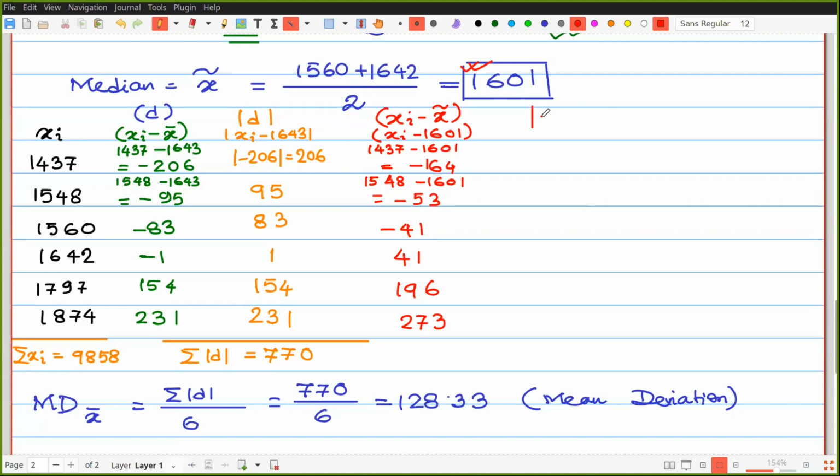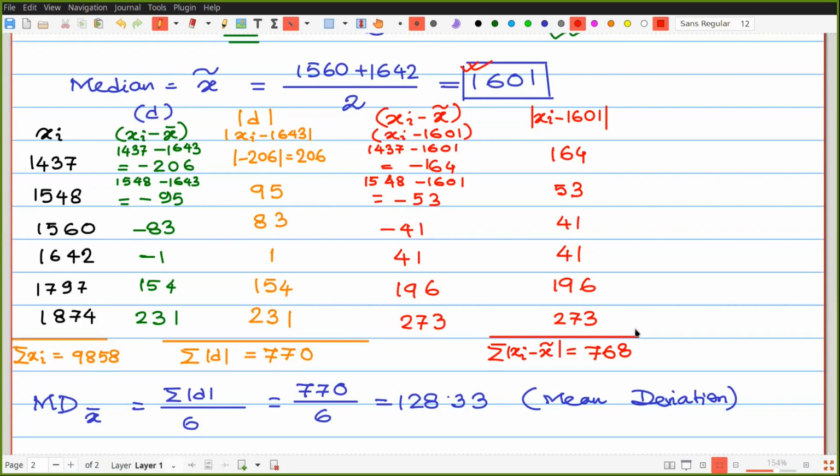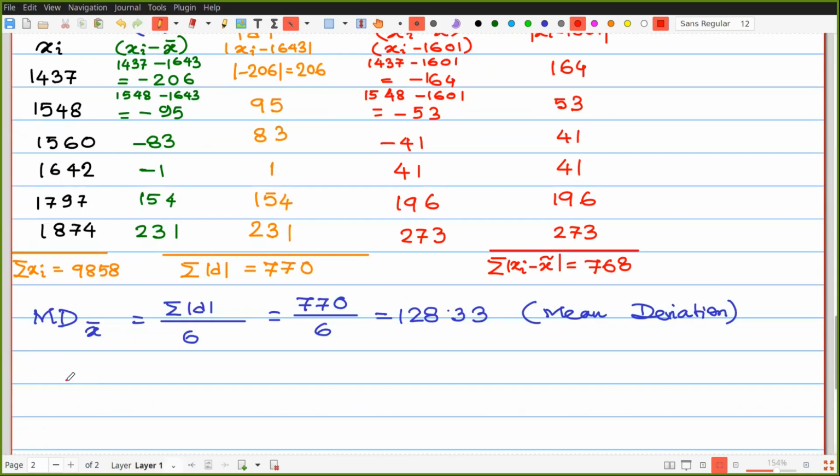Then finally, we have to find the summation of all the median deviations, but with the absolute value. So at first we find the modulus of xi minus 1601. That is 164, 53, 41, 41, 196, 273. The total of modulus of xi minus x tilde is equal to 768. So what is our median deviation?